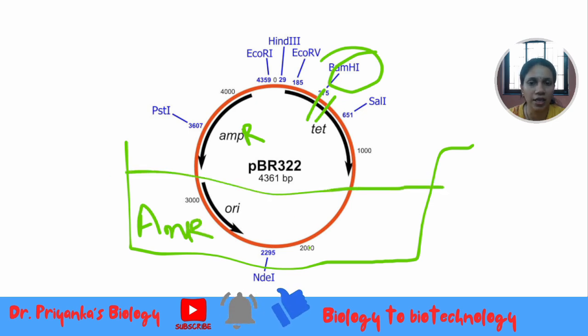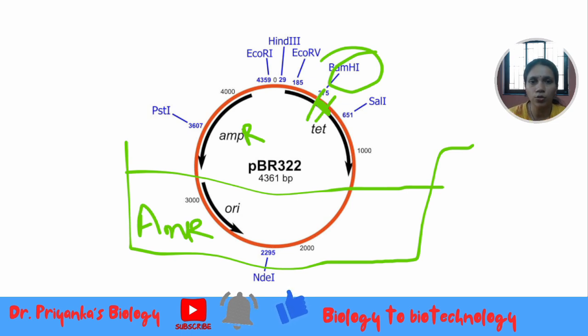Because of the intact ampicillin resistance gene, only those transformants which have this broken tetracycline resistance gene, that means the cells or plasmids with the new foreign DNA, will grow. So because of the ampicillin resistance gene, we will be able to identify the colonies. This is where insertional inactivation comes into the picture.